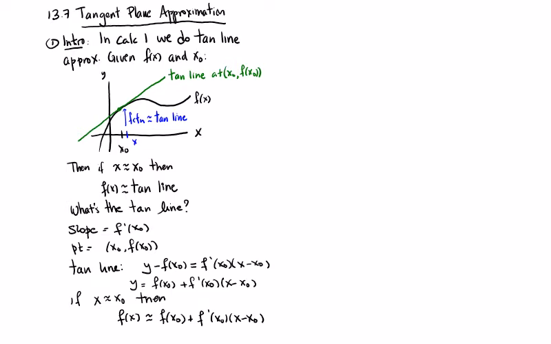Where this plays into Taylor expansions, just so that you know, even though we're not going there, is that this step right here is the beginning of the Taylor expansion.